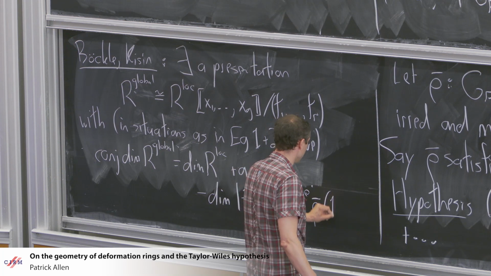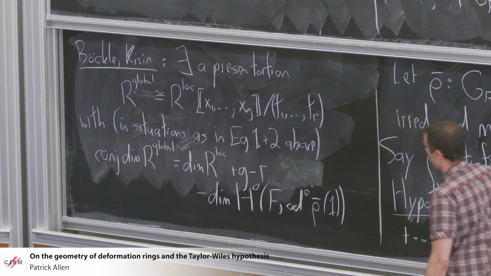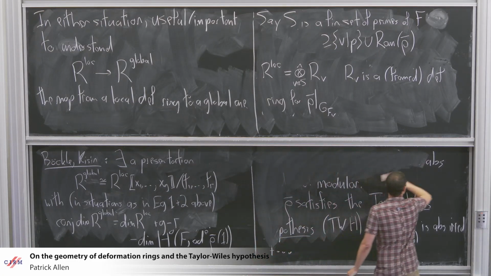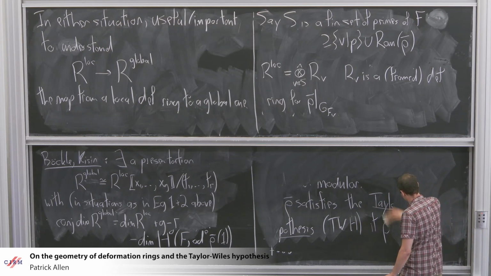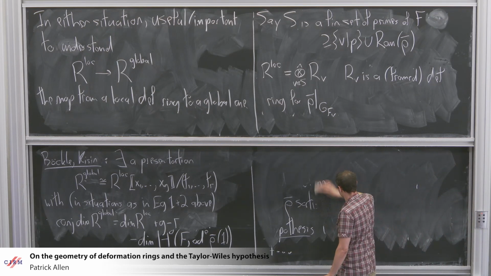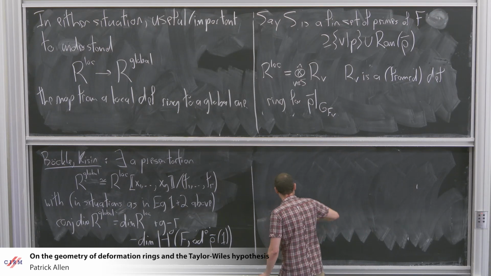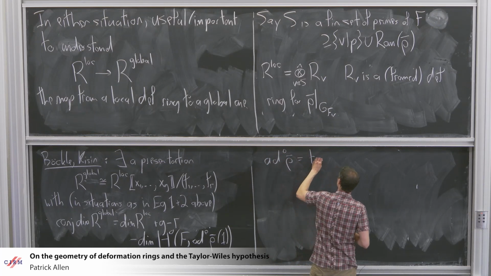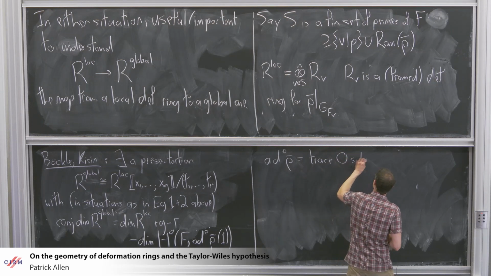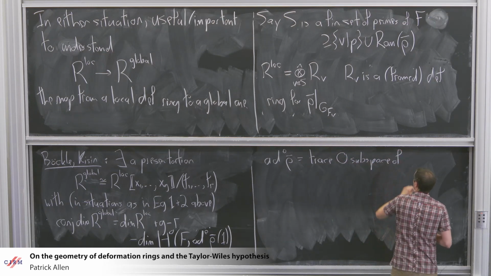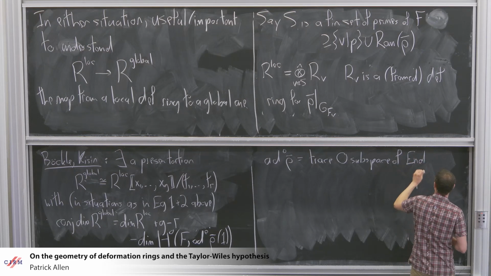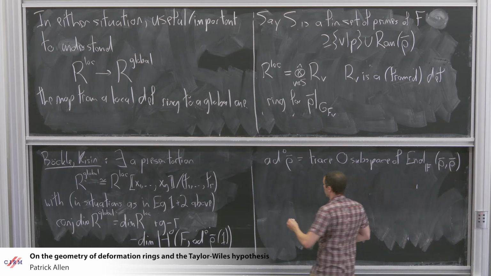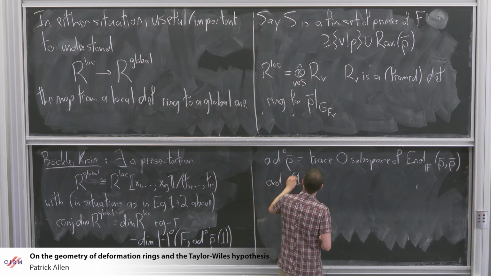I might as well define this in case people aren't familiar with it, of the ad0 rho bar (1). Here ad0 rho bar equals the trace 0 subspace of endomorphisms of rho bar, and this (1) is a Tate twist, right?